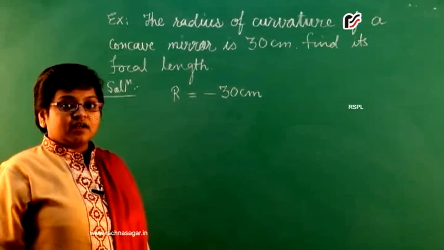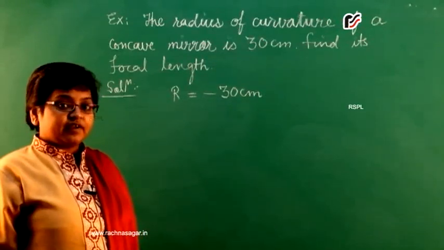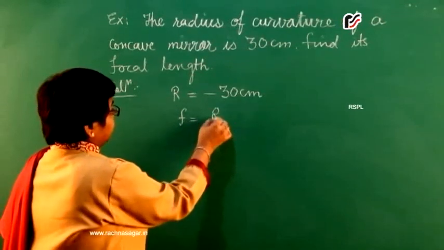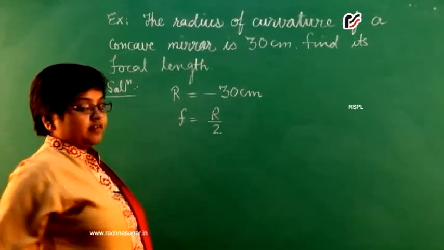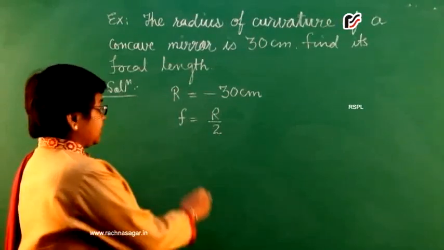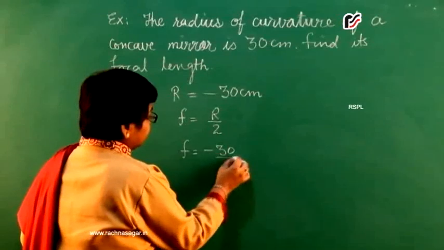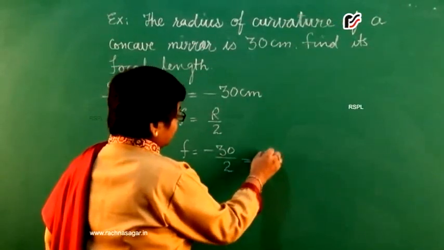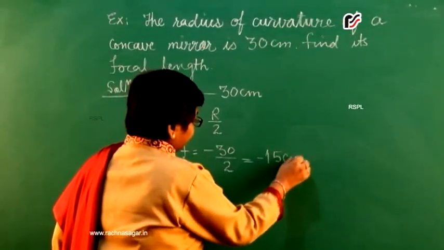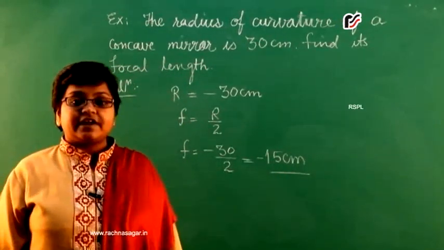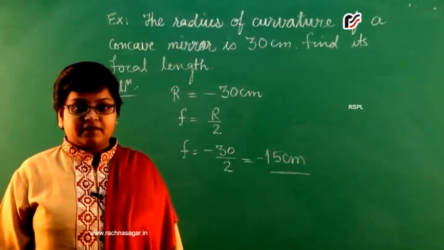We know the formula or the relation between F and R. F equals R by 2, thus focal length of the concave mirror is negative 15 centimeter.